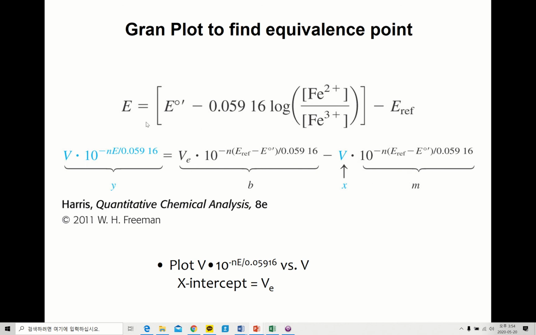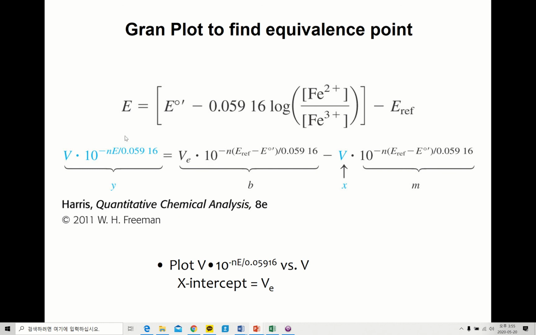After rearranging, V is the added standard solution volume, E is the measured cell potential, V_E is the equivalence point, which you don't know yet, and n is the number of electrons.